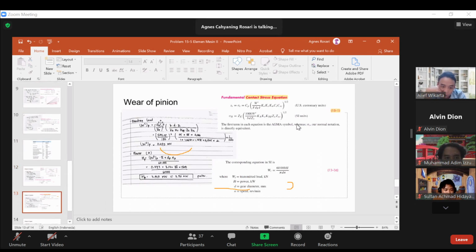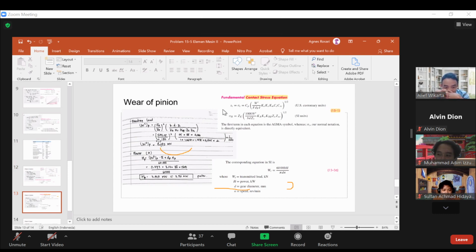And then we find the bending load using equation 15.1 here for SI units. And we got, I'm sorry, it's a transmission load.